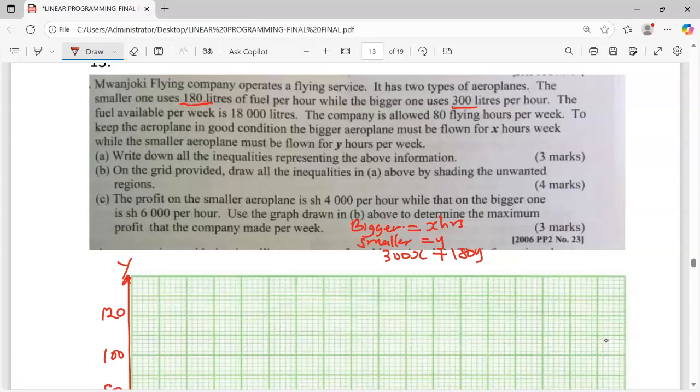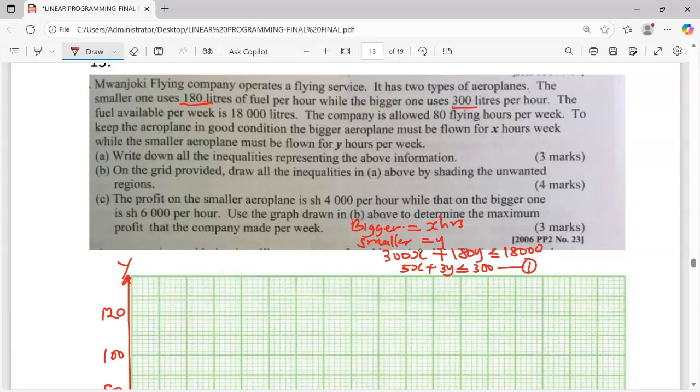And this is going to be less or equal to 18,000 liters. If you divide by 60 all through, we are going to have 5x plus 3y less or equal to 18,000 divided by 60, which is 300, and this becomes the first inequality.